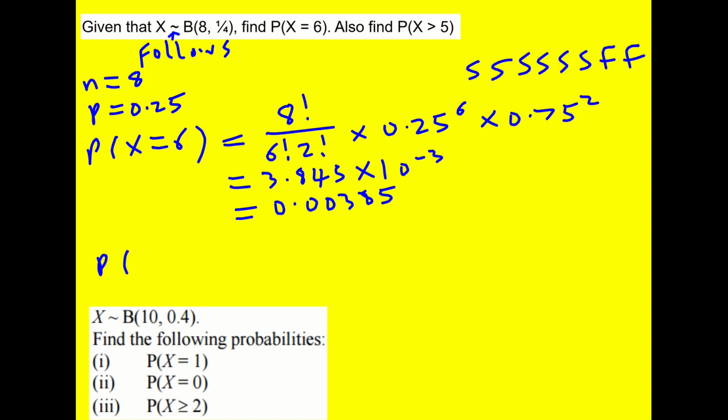If I want the probability that x is greater than 5, then actually that's going to be the probability that x equals 6 or 7 or 8, and I'm going to end up adding these together.